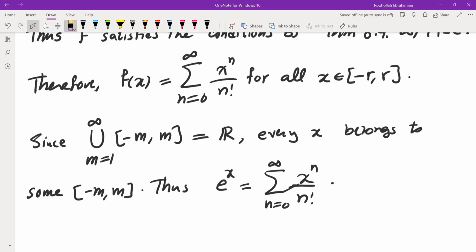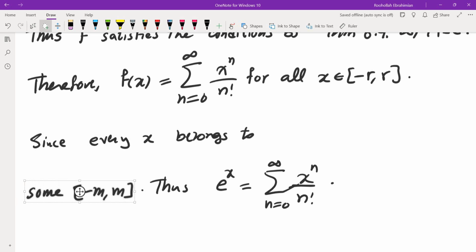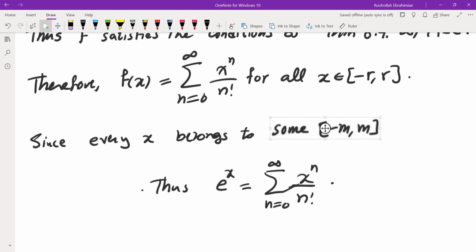I could just say, since every x belongs to this, this would be just easier. So every x belongs to some negative m to m, for example, when m is the absolute value of x.